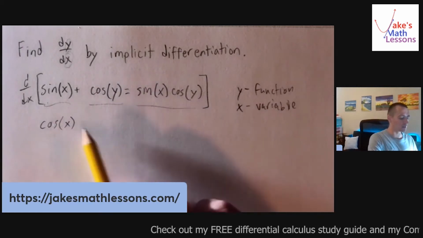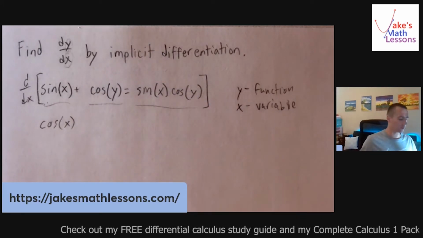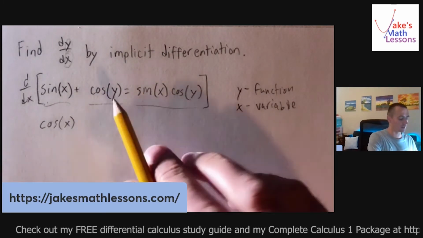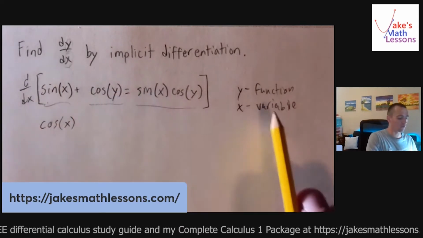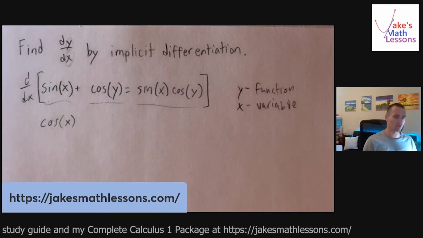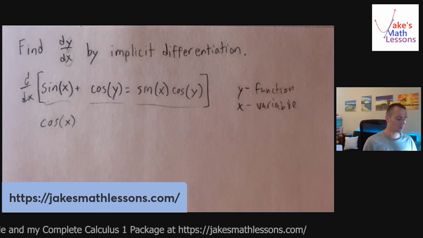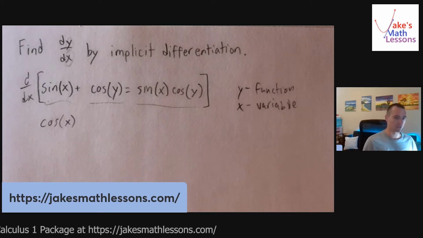Okay, so for this next term, cosine of y, we are going to have to do something a bit different, because this has a y in it, which is, like I said before, our function. When we're finding the derivative of that function, we don't know what y is in terms of x, we just know that it is some function of x.